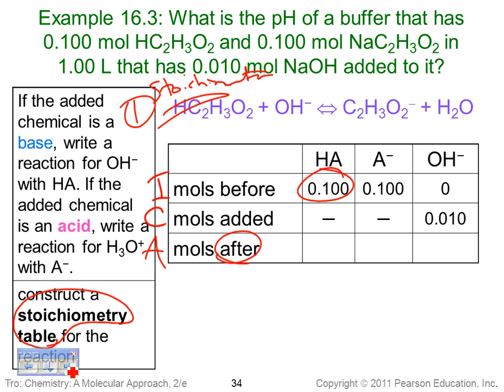These are not molarities, these are moles. This stoichiometry table must always be moles, because that's what stoichiometry is based on. So because I chose 1 liter of solution, this is 0.1 moles of weak acid, 0.1 moles of weak base, conjugate base.